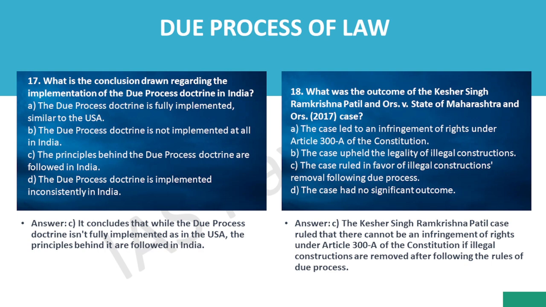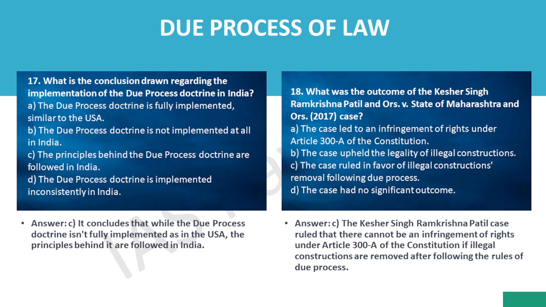18. What was the outcome of the Keshar Singh Ramkrishna Patil and Ors v. State of Maharashtra and Ors 2017 case? A. The case led to an infringement of rights under Article 300A of the Constitution. B. The case upheld the legality of illegal constructions.